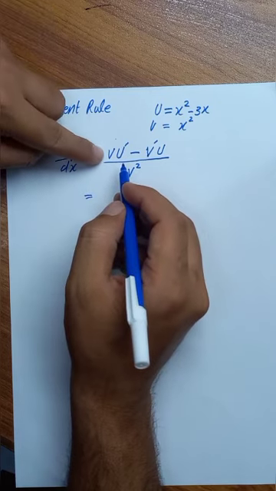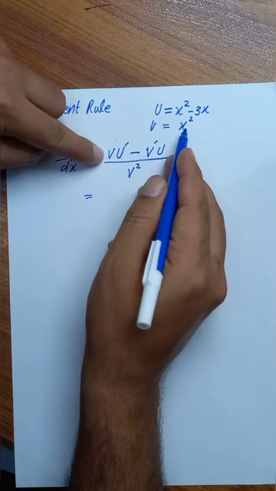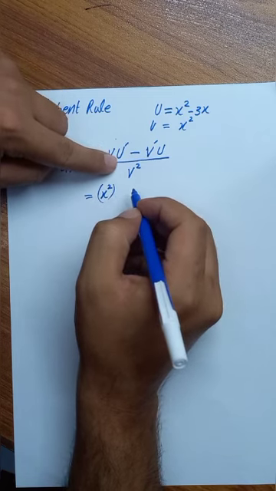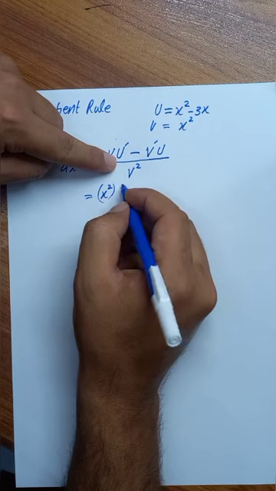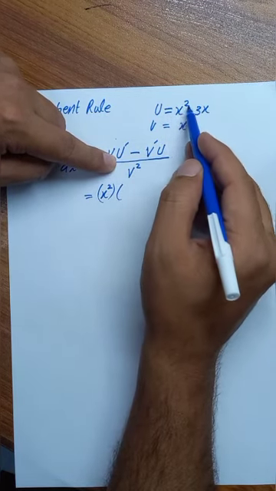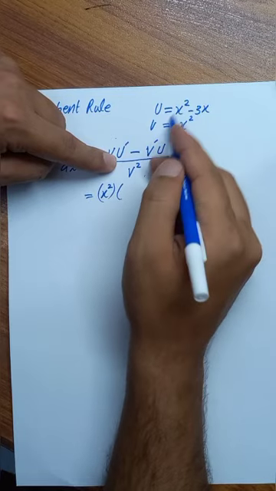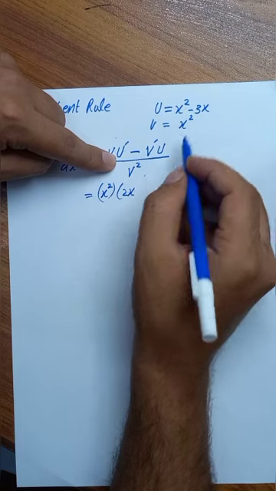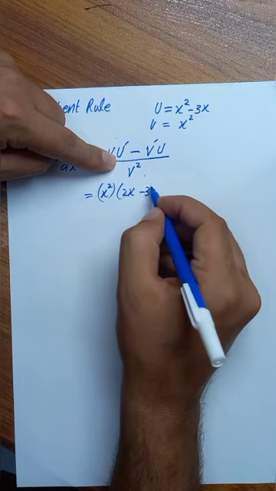Now we will write the value of v as it is, like we have the value of v as x square, and we will take the derivative of u. The value of u is here, so when we take the derivative of u, it will become 2x minus 3.